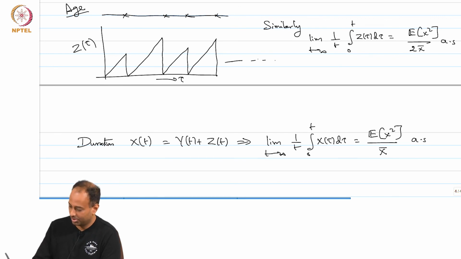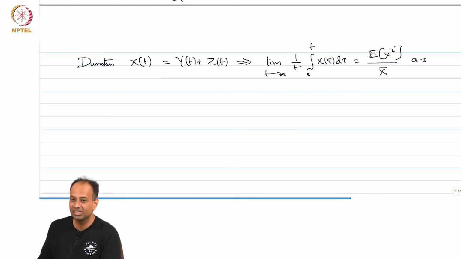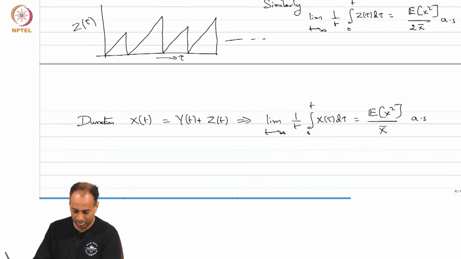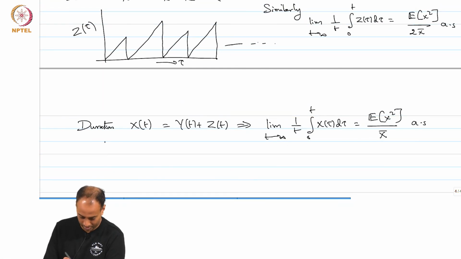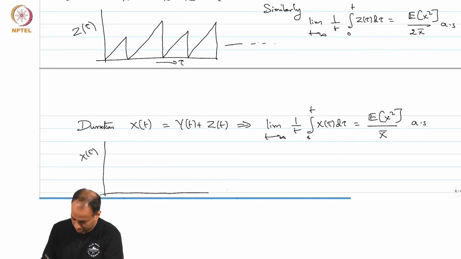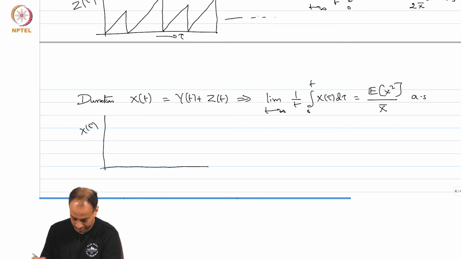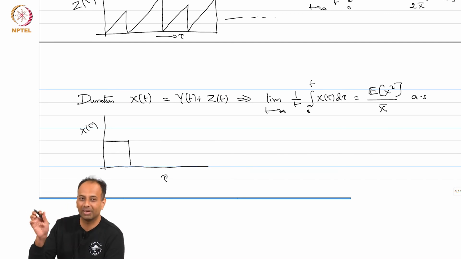If you insist on drawing pictures, for the same process, if I were to draw x tau versus tau, you will have these squares. It will be constant, as Praful pointed out, between two arrivals, the duration is the same.